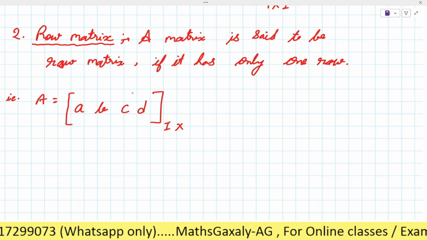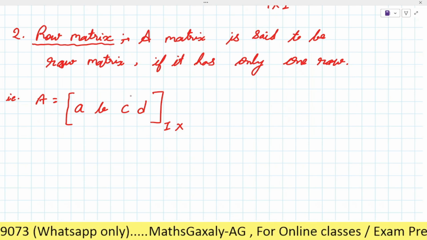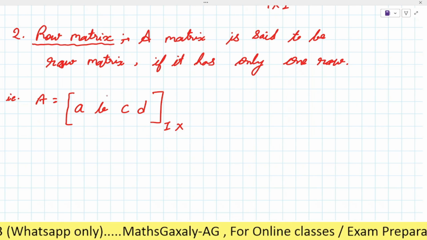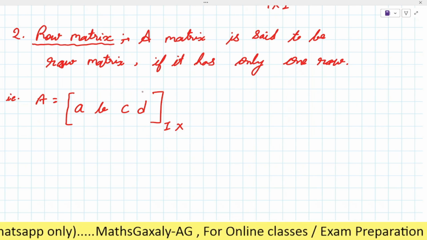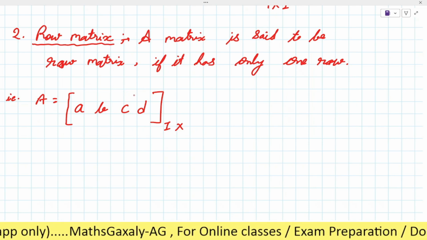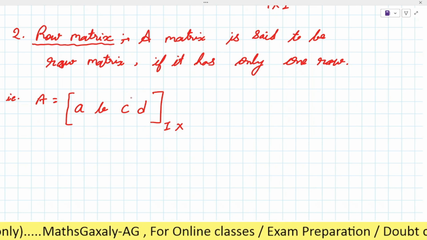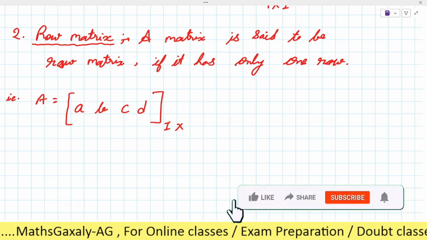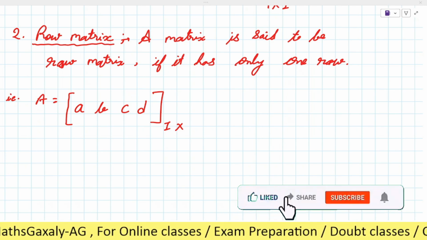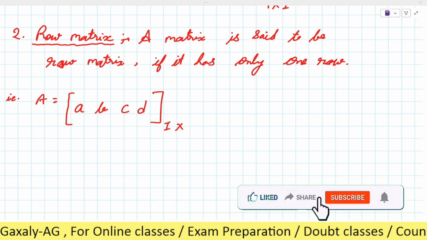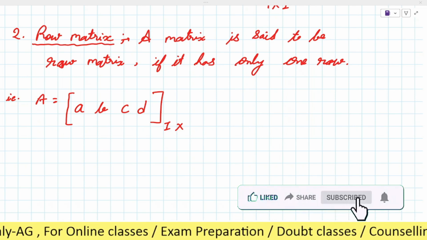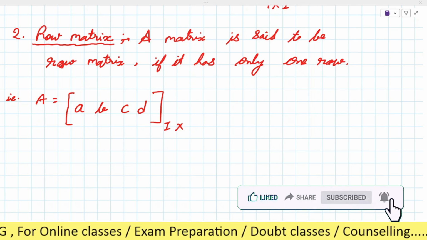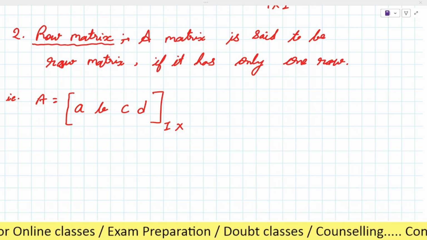Hello, Akshat, can you hear me? Yeah, please tell me how many columns it has. Hello. Hello, Akshat. Sir, only one. No, no, I'm talking about the column.